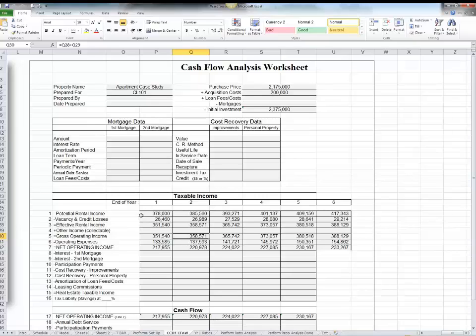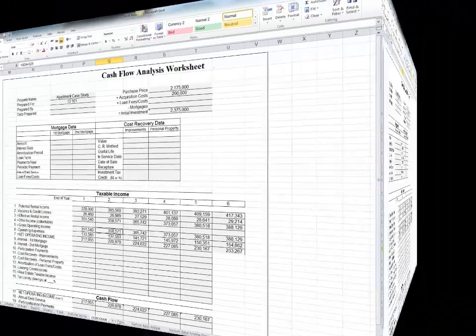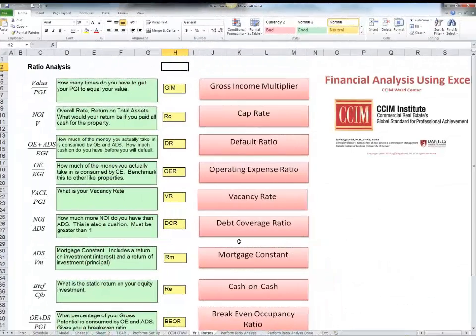All right. So now what we want to do is get into a little discussion about underwriting ratios. And you might be underwriting an investment as a lender, you might be underwriting an investment as a potential purchaser, or as a consultant or broker or something like that. And there are several different metrics that you will use, kind of a ratio type analysis, very similar to a ratio analysis that's done in corporate finance, right?